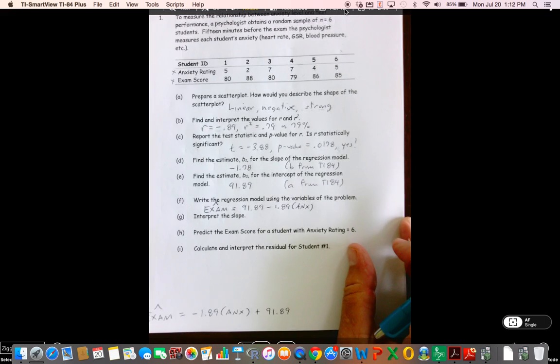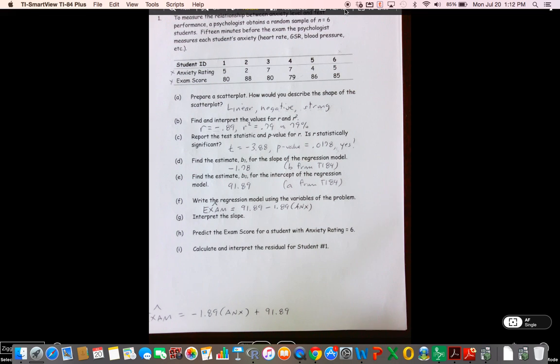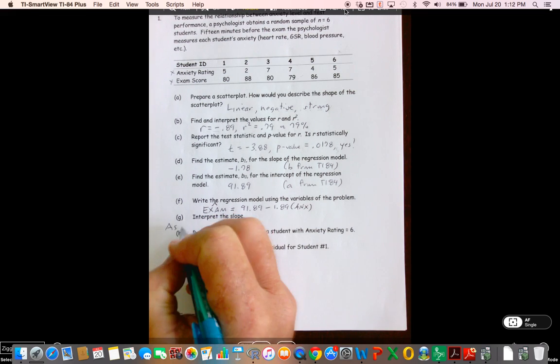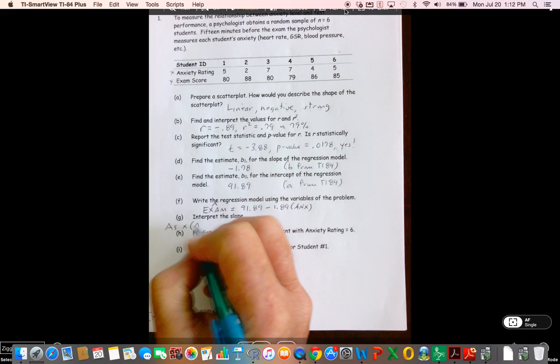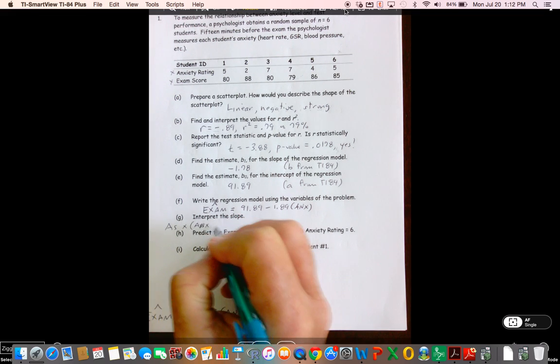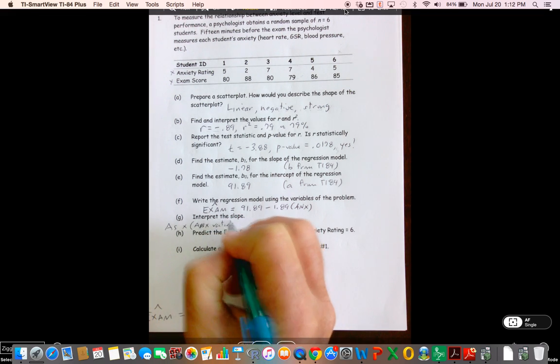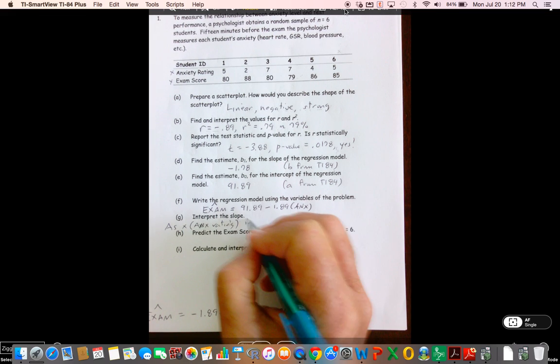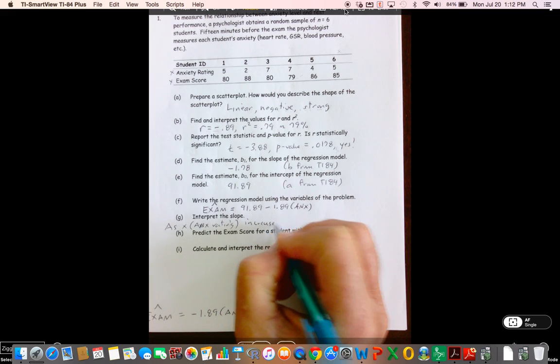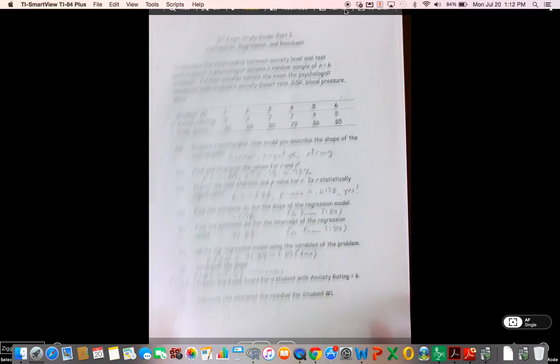Okay. All right, gang. Interpret the slope. We've done this before. That's getting too cluttered.